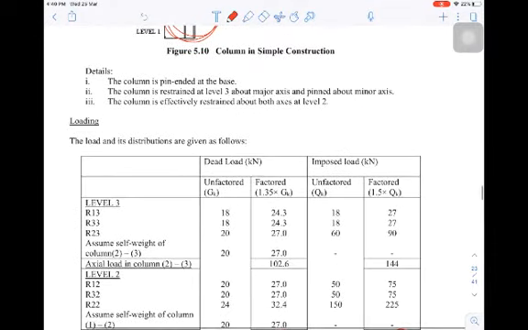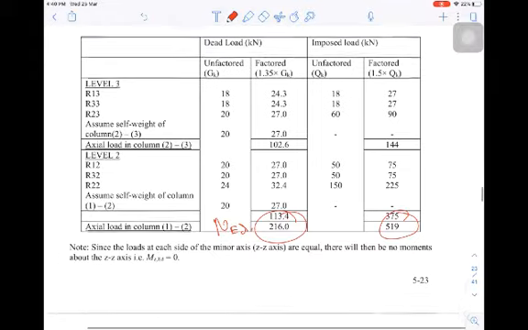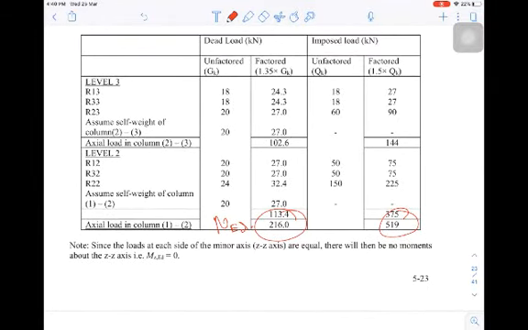Okay, and that's how the value of NED comes from.